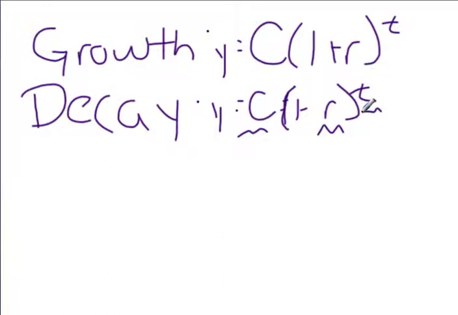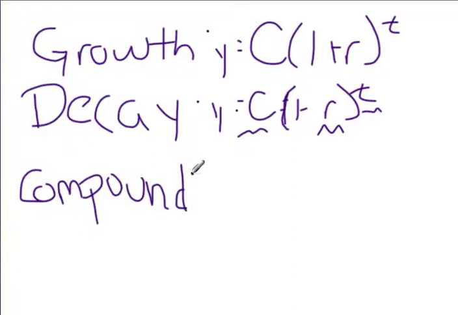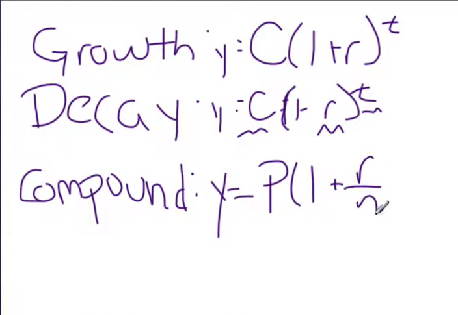So now taking a look at the compound interest formula. You remember that you use the compound interest formula if it ever says the word compound. So we're going to do y is equal to p times (1 plus r divided by n) raised to the n times t. You do not need to memorize this equation, just have it written down so you can copy it over onto your quiz.